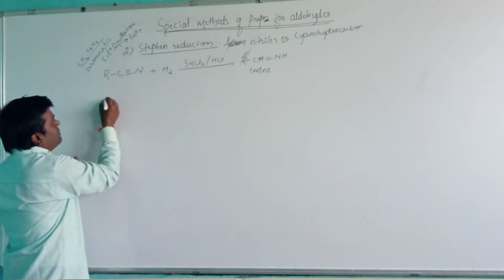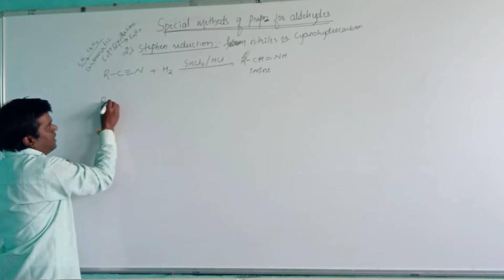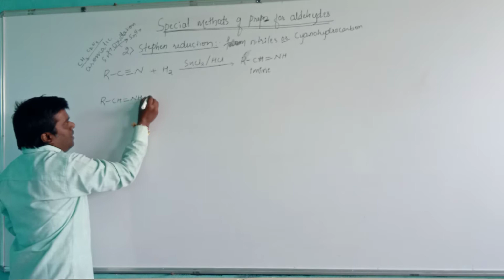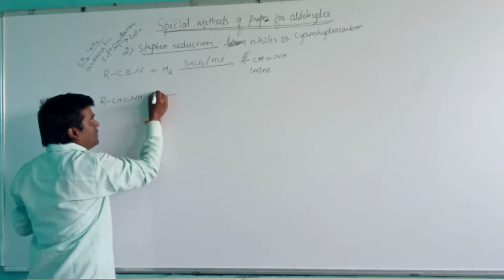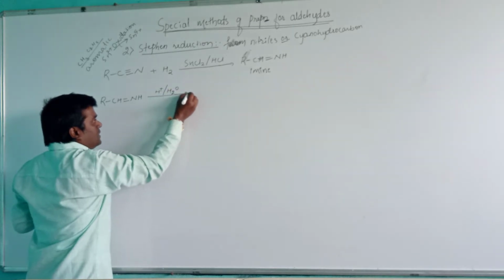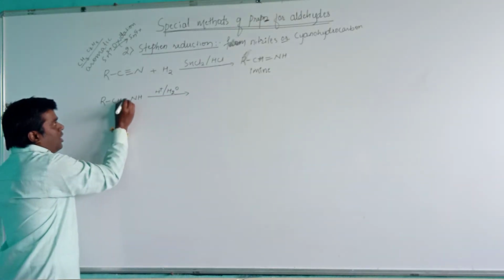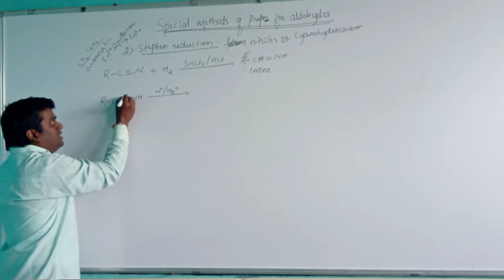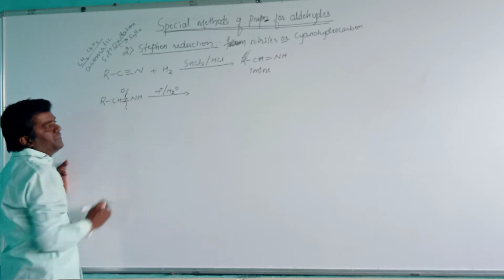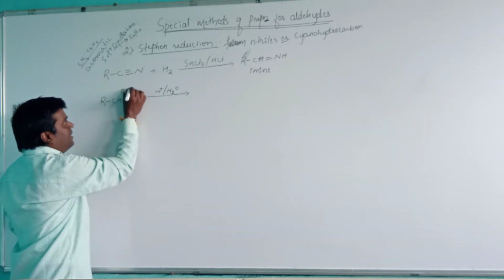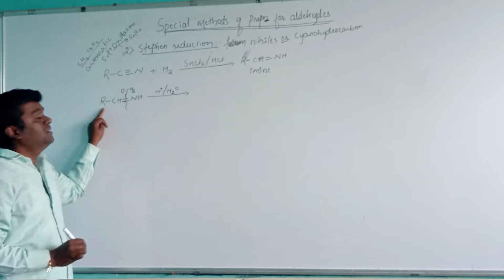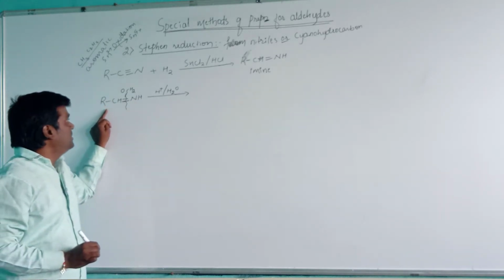Let us carry out the imine hydrolysis, that is RCH double bond NH. When hydrolysis is carried out in the presence of an acid, the breakdown of the C=N bond takes place, and one oxygen is added to the carbon atom and 2 hydrogen atoms are added to the nitrogen to form ammonia, and the remaining aldehyde is our product.